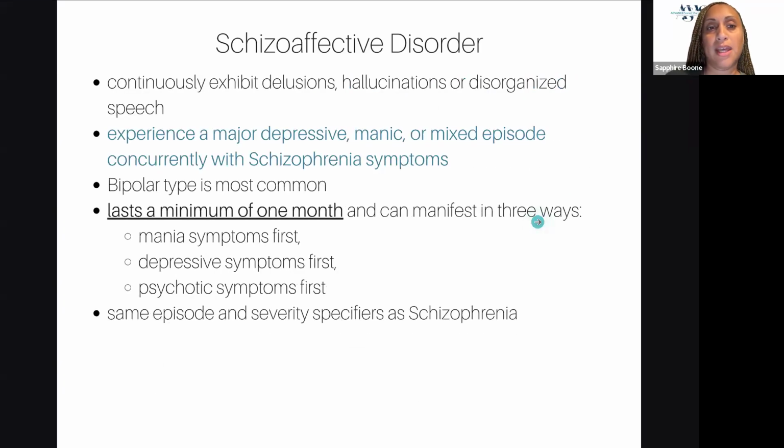It's going to be continuous, remember I said that stableness, exhibiting delusions, hallucinations, or disorganized speech, whatever the poison is of the schizophrenia, that's constant. And then you may experience some of those other episodes on top of that constant schizophrenia presentation.